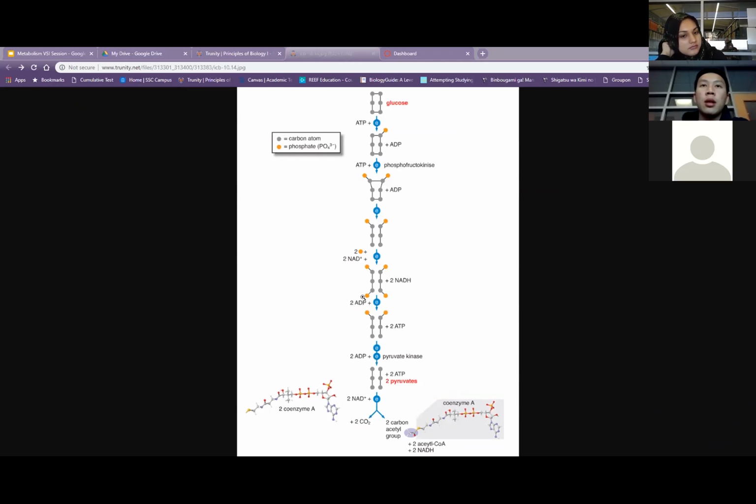In the next step, 2 ADP are phosphorylated into 2 ATP, and your next intermediate is a 3-carbon molecule with 1 phosphate group. Finally, at the end, you have 2 ATP and pyruvate, which is a 3-carbon molecule.